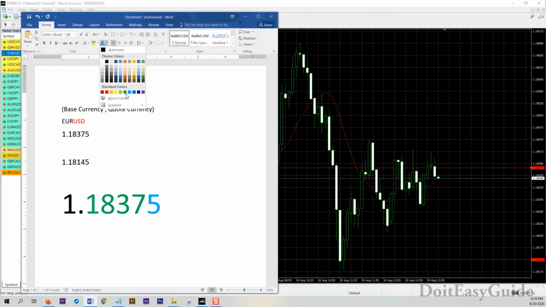And I'm going to color these like this. This last digit, we call it a pip.